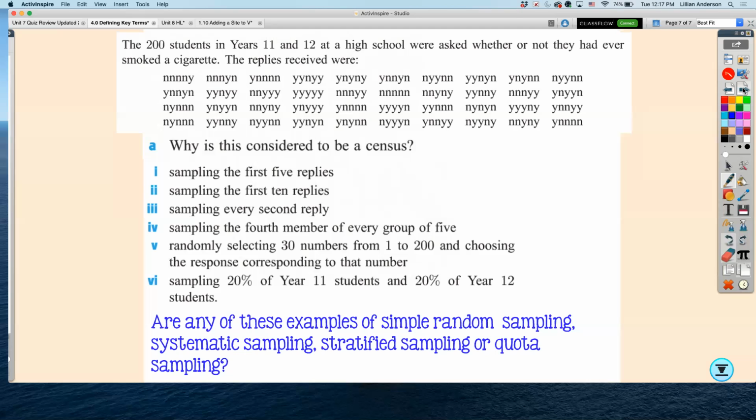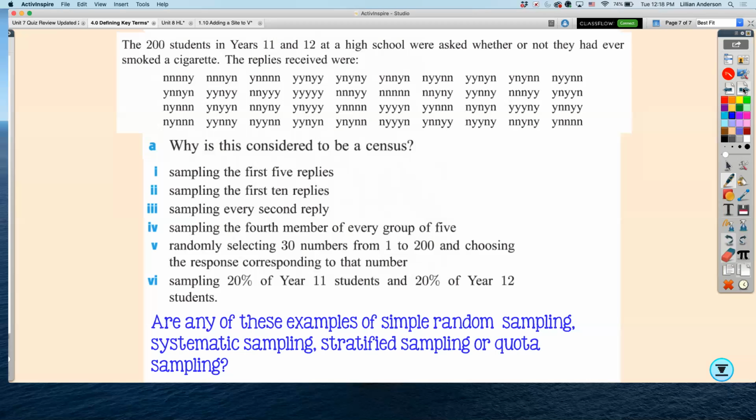Now, look at these examples here, 1 through 6. Basically, this is part of question B, but I wanted the last question. So these were a few different options they could have had to pull a sample from this entire census.